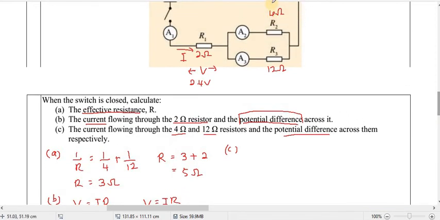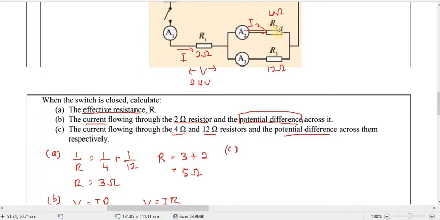If you want to know the current here, you use the potential difference here and the resistance here. But we don't know the potential difference, right or not? We only know the resistance. So let's see that we can find the potential difference here or not. Can we find it?